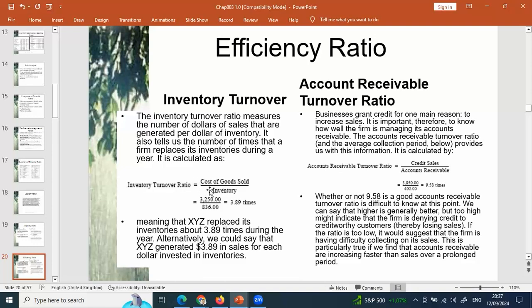Inventory, if it is quantity of goods, the word would be number of goods sold. Number of goods sold is 10 products, 20 products. This is cost of goods sold, meaning the value, the amount of money.